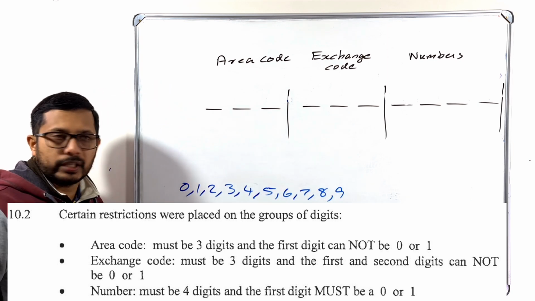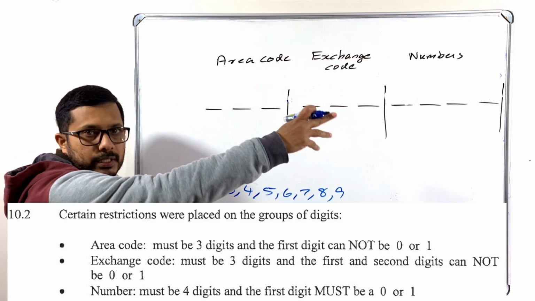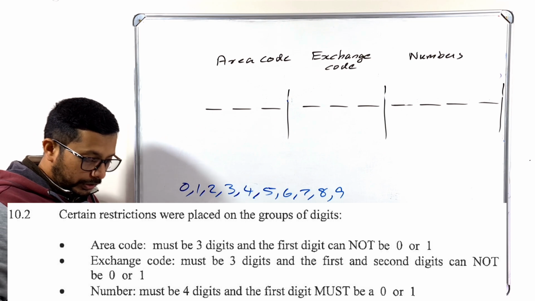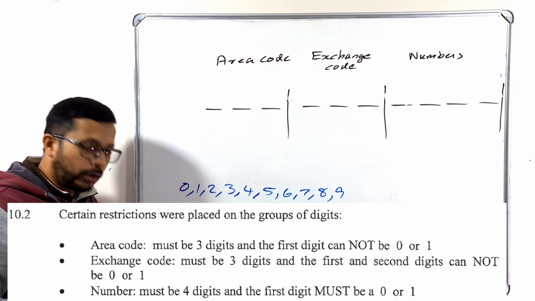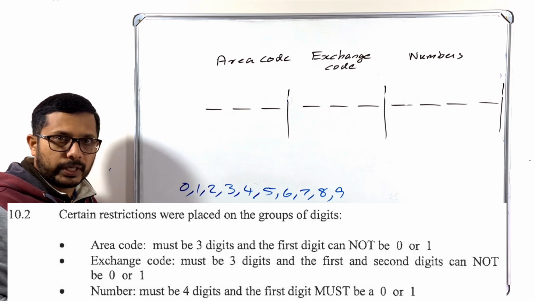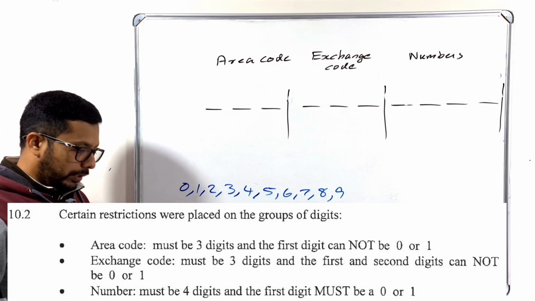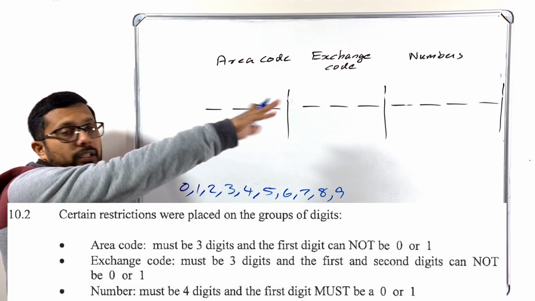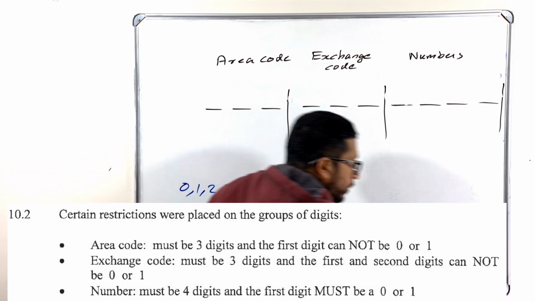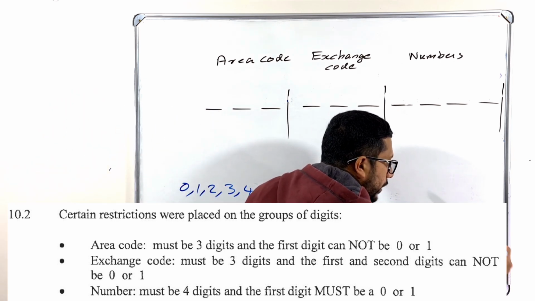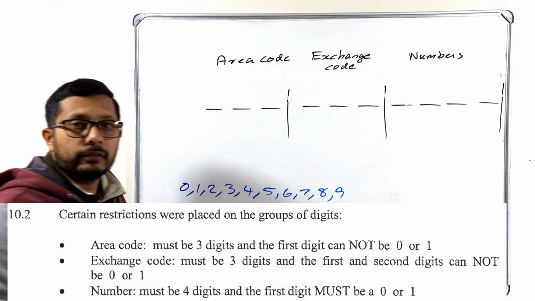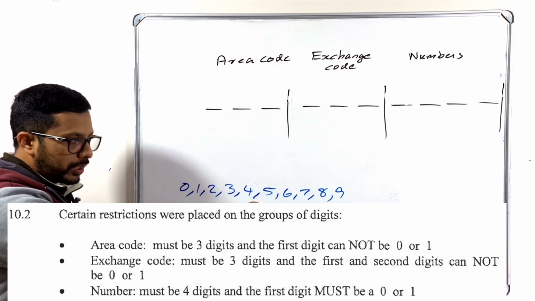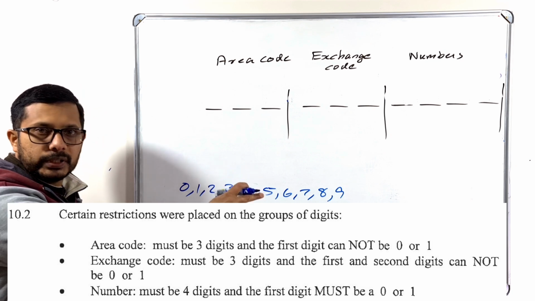These are the options that we have to fill these positions. But look at the first bullet. Now there are some restrictions going to apply. Without any restriction, how many options did we have? 10 raised to 10 options. Don't forget that.